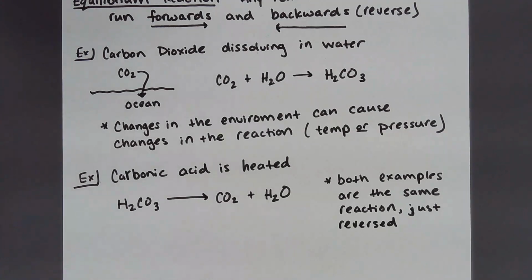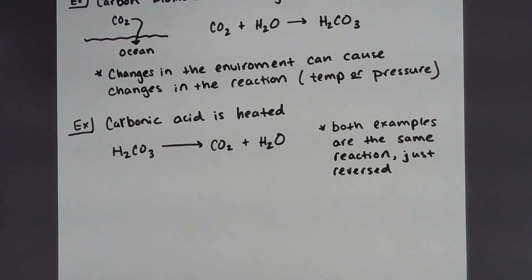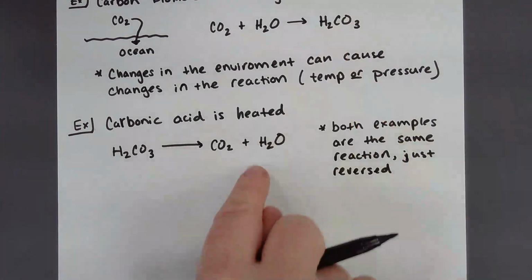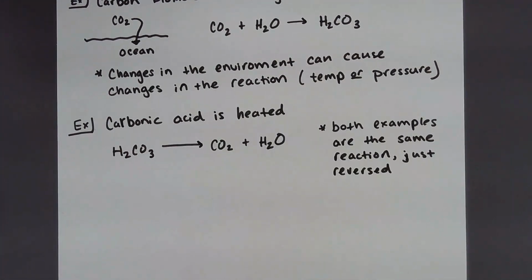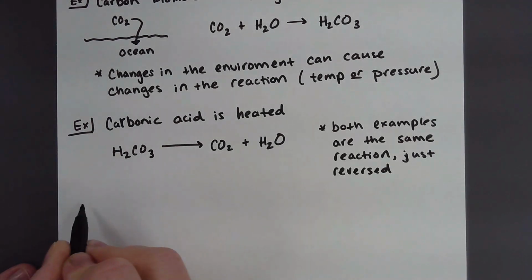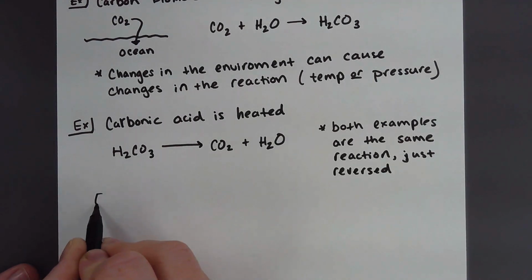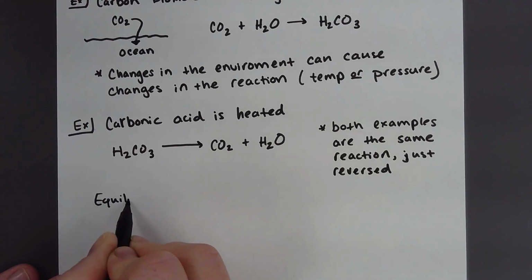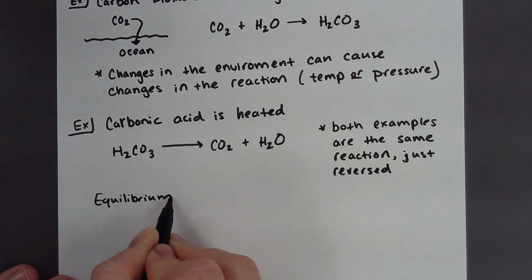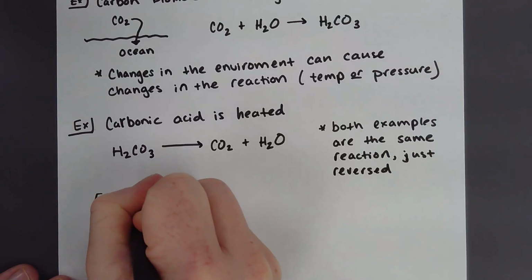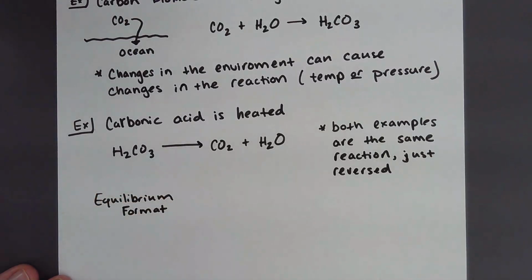This reversibility is what makes this an equilibrium reaction. So what we can do is rewrite this in a proper equilibrium form. For an equilibrium reaction, we're not going to write it twice. That's redundant. We're going to write it one time, but we're going to use a double arrow.